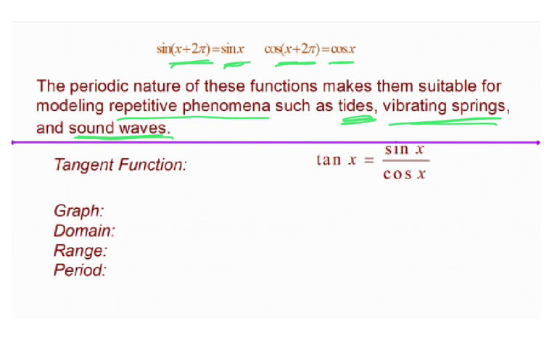The next trig function we're going to deal with is the tangent function, and it's related to the sine and the cosine. It's sine divided by cosine, and so we're going to look at it. If we graph it, it's undefined anywhere that cosine was 0. So that was at pi over 2, and also at 3 pi over 2.